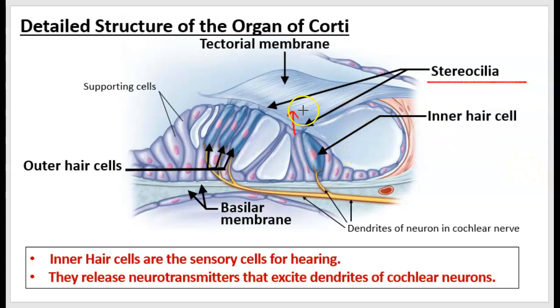So the hair cell moves up towards the tectorial membrane, the stereocilia bend, and that excites the hair cell, which then releases a neurotransmitter that excites the neuron. So we're going to look now at the big picture of hearing, how the sound wave that comes through the external auditory meatus actually results in excitation of the cochlear nerve.